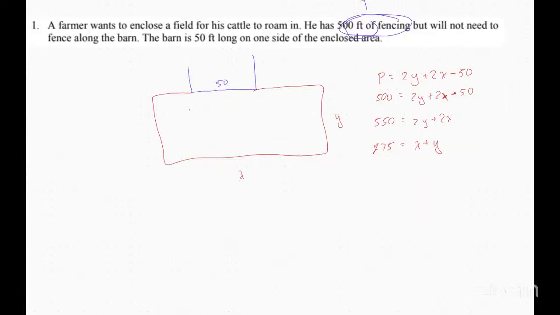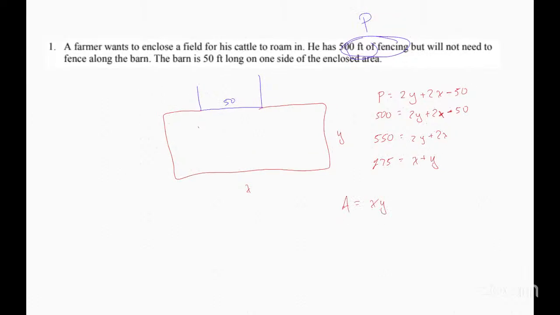So let's solve this for one of them. Let's solve it for y: y equals 275 minus x. So I'm going to plug this in for y now. x times (275 minus x), that's my area. So you can see that the area in terms of x is equal to negative x squared plus 275x, which is a parabola that opens down.